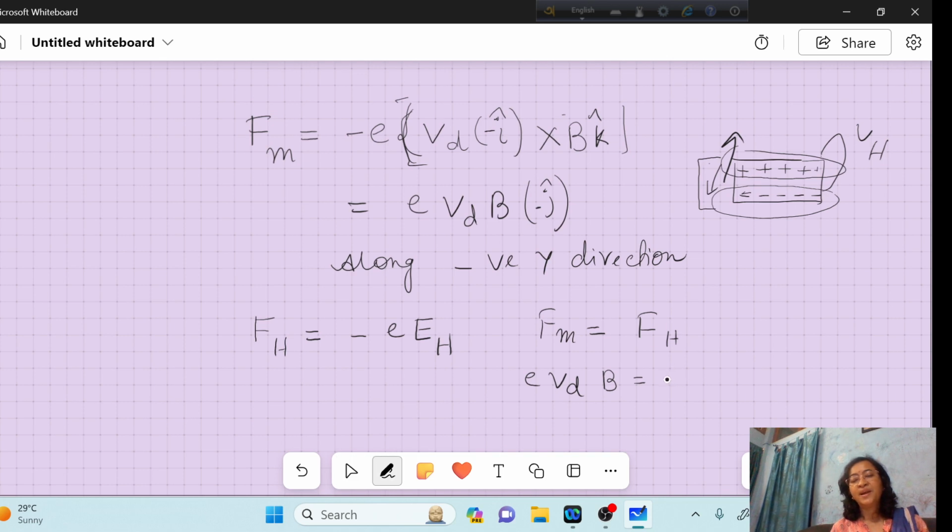If we consider the magnitude, it will be e into EH. So e cancels out, and EH is equal to Vd into B. So we can see that the Hall field is a function of the magnetic field.